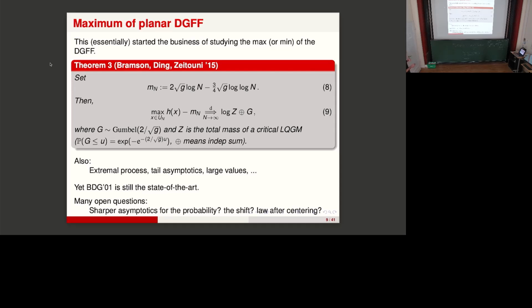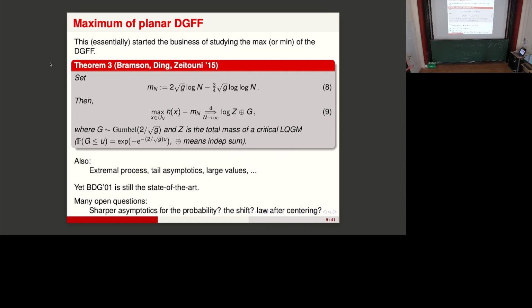Not only is the maximum on first order 2 square root of g log n, but in fact it has a logarithmic correction, and if you subtract, you get convergence to the usual randomly shifted Gumbel. We've seen in the previous talk that this is a universal feature that holds for many other logarithmically correlated fields, with just the rate of the Gumbel and the random shift changing.